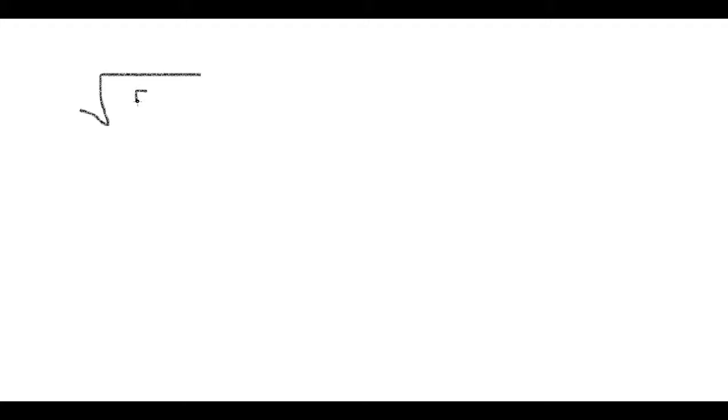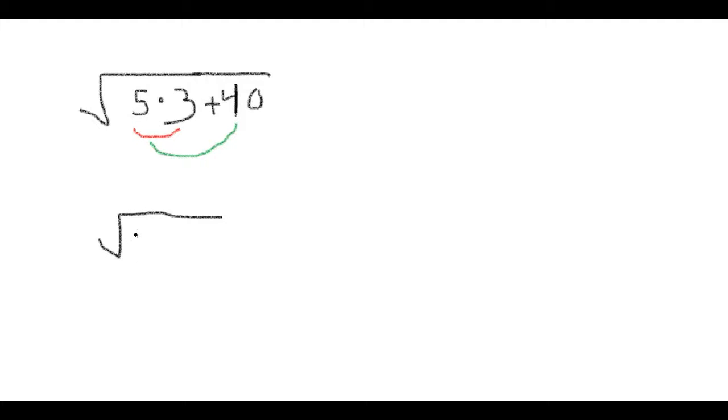Now, let's erase all that. Let's try to solve this problem. So we have 5 times 3 plus 40 in the square root. First thing we need to do is multiply 5 times 3.